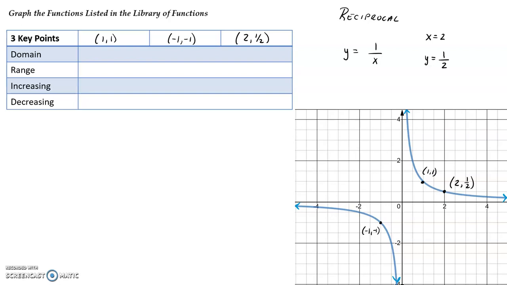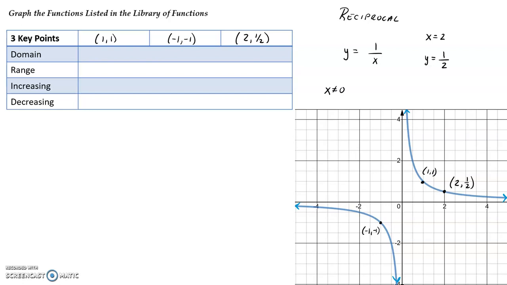Let's go ahead and do domain and range together on this one. Domain would be any x values with regard to our graph. We want to know how far left and right our graph goes. Notice in this case, x cannot be equal to 0 because that would produce 0 in the denominator of our fraction, and we don't want that.